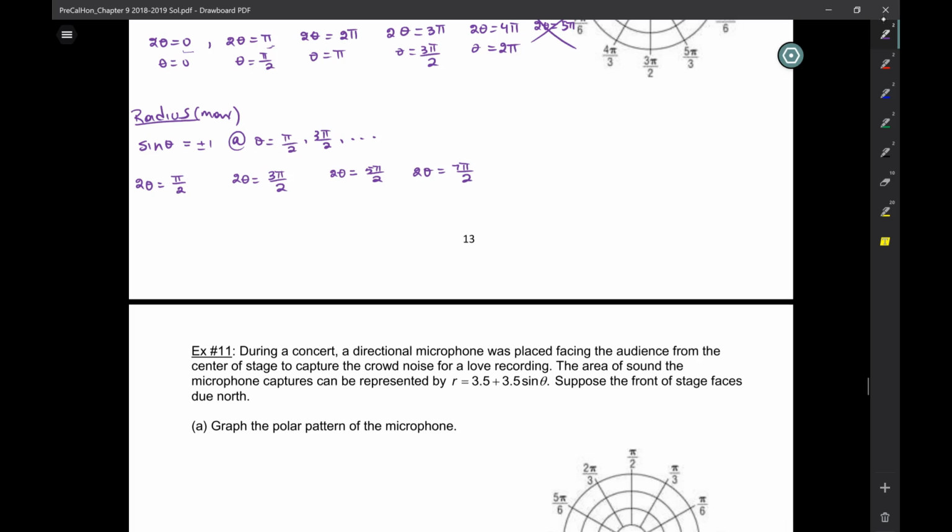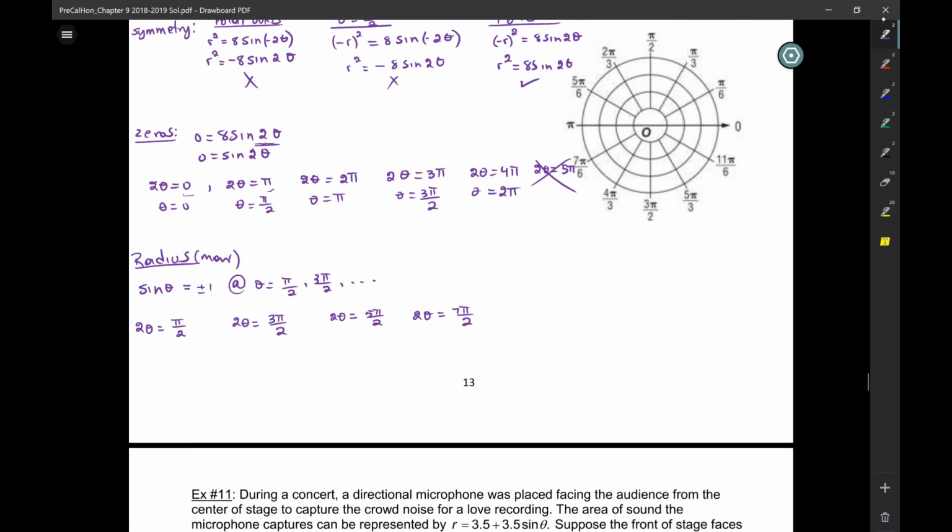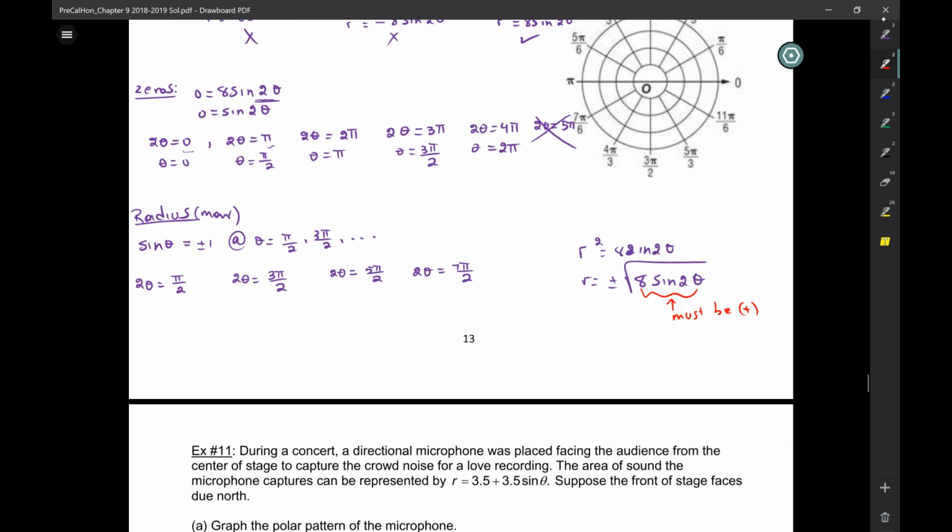Now, what shape was this? A lemniscate, right? So it's r squared. That means r is equal to what? r squared is 8 sine 2 theta. r is equal to plus or minus the square root of 8 sine 2 theta, correct? That means this must be positive. So now, if I put pi over 2 in here, do I get positive? Yes.